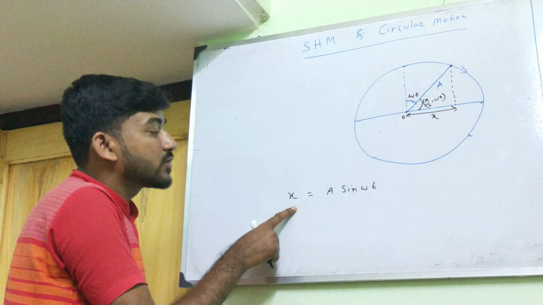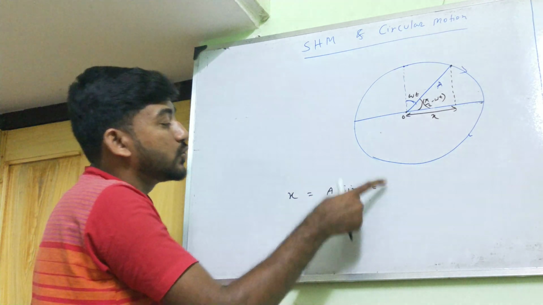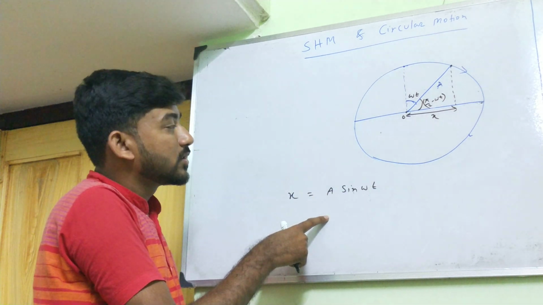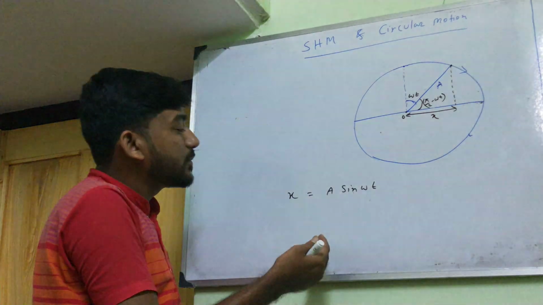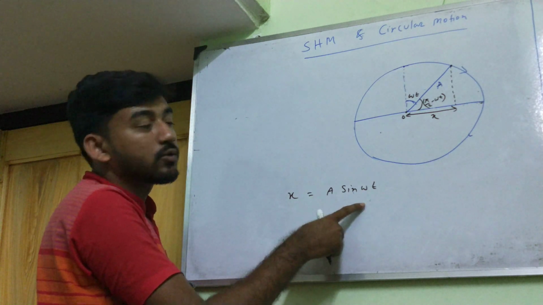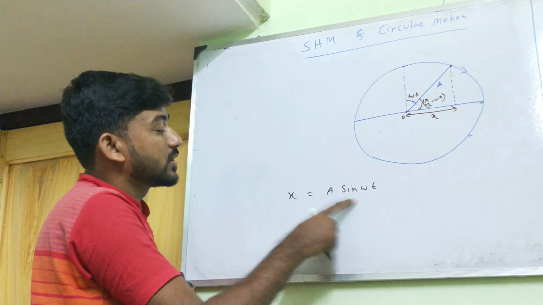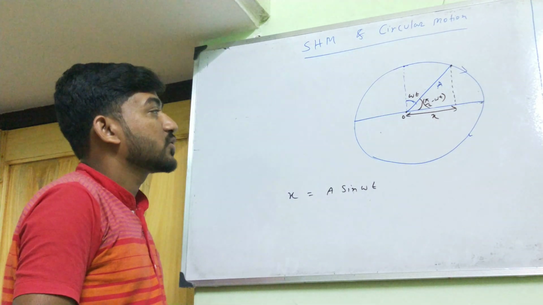So this is actually the position of the particle at any time t, which we have earlier seen from the differential equation of motion. When we take the solution of the differential equation of motion, we get this also. We have already seen in the previous lectures that we can get x equals a sine omega t by using the differential equation of motion.